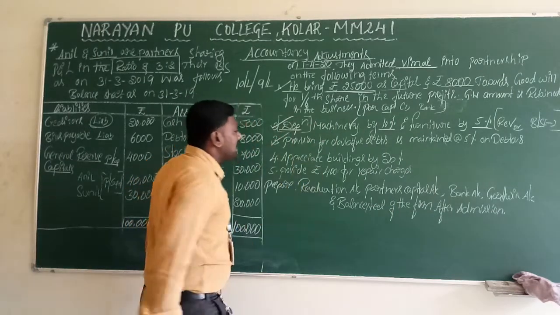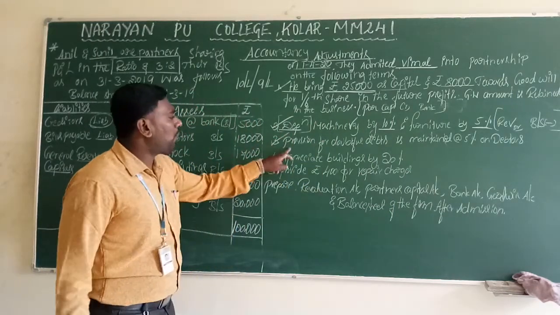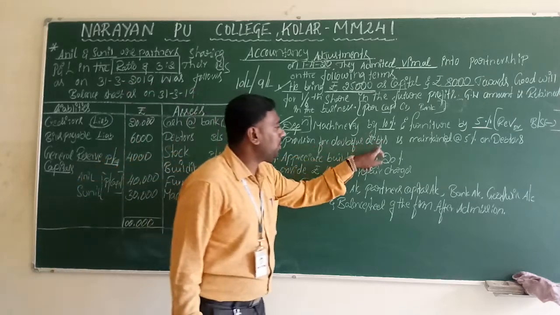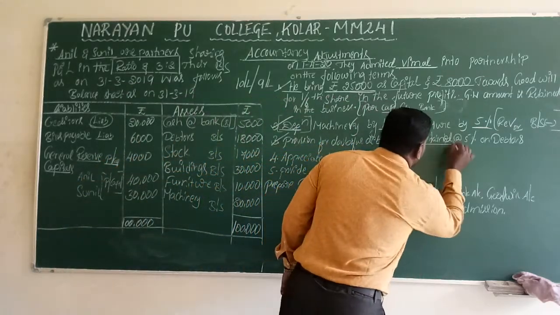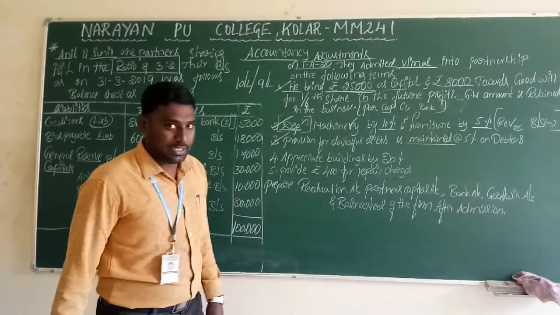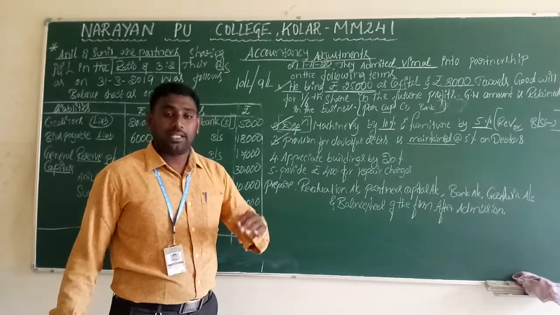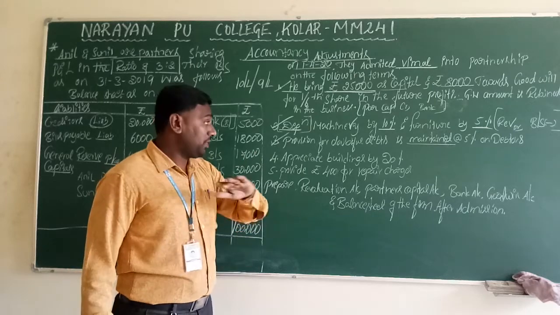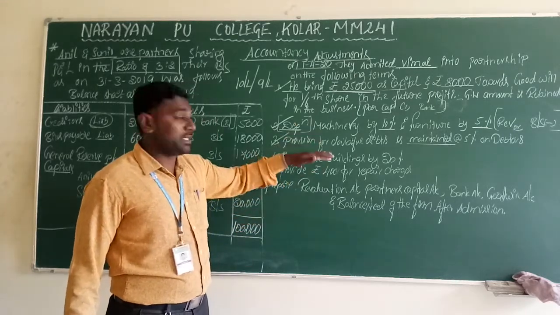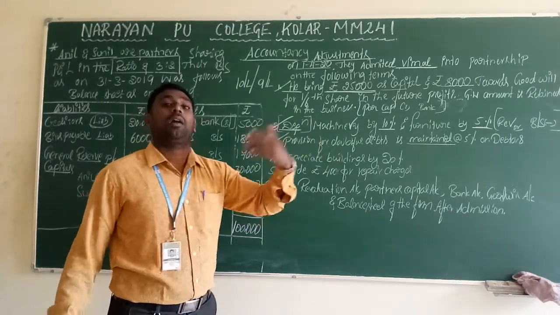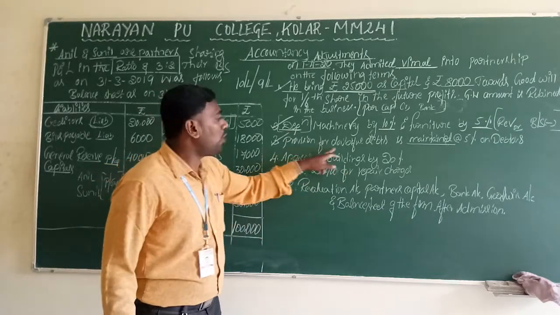Now come to adjustment number 3. Provision for doubtful debts is maintained. In business, debts are common, because without debts it is not possible to run the business. In that business, doubts may or may not arise.